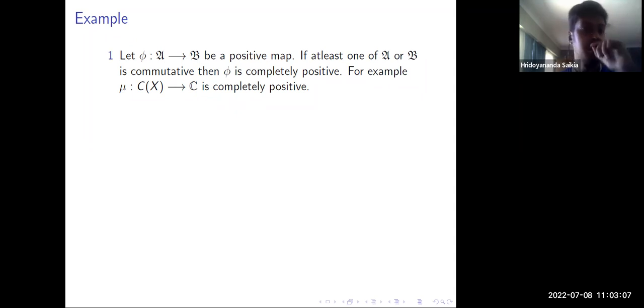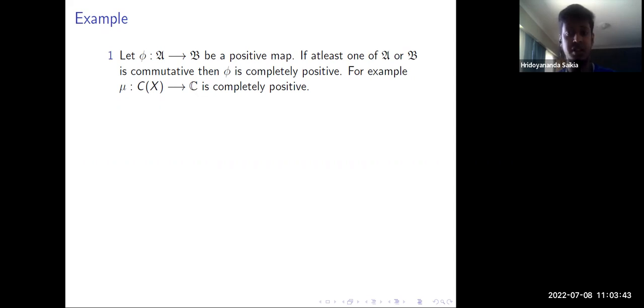Okay, but we can ask the question, when can positive maps be completely positive? In some special cases, that is actually true. I mean, in some special cases, positivity will imply the complete positivity of the map. For example, suppose phi is any positive map between two C-star algebras A and B. If either the domain or the codomain is commutative, then positivity will imply complete positivity of the map.